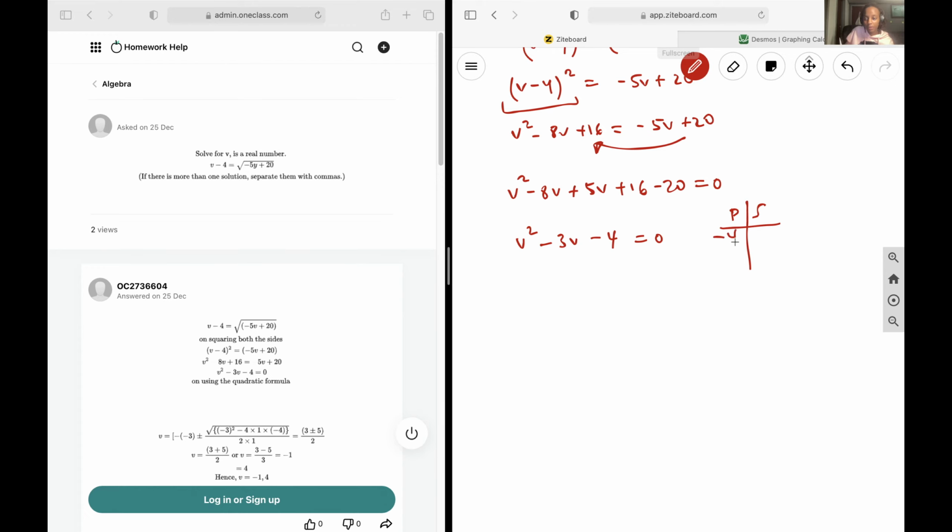So we want the product to be negative 4 and the sum to be negative 3. What two numbers can give us this? And we're going to get negative 4 and 1.